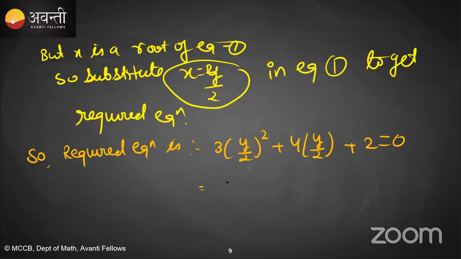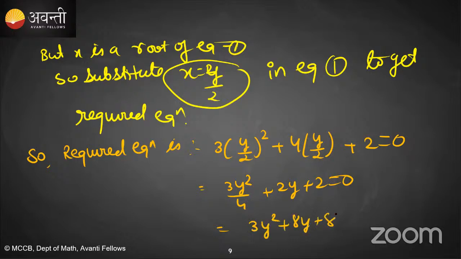So it is nothing but 3y square by 4 plus 2y plus 2 is equal to 0. So it is nothing but 3y square plus 8y plus 8 is equal to 0. So this is your required equation.